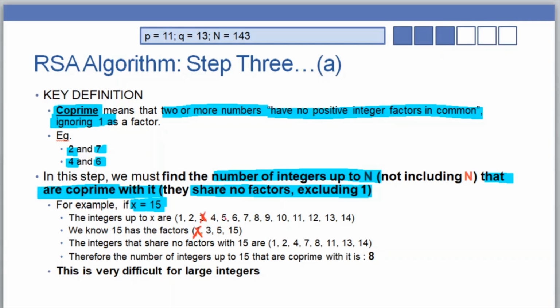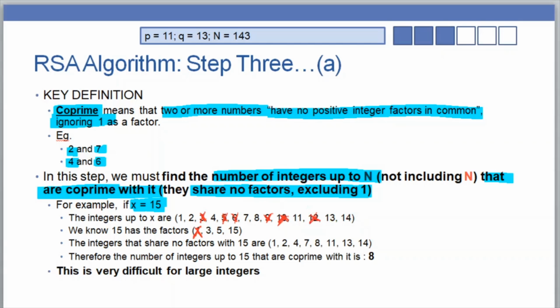4 does not share any factors, 5 does. 6 shares a factor as well. 7 is coprime with 15, 8 is coprime with 15. 9 shares the factor 3, 10 shares the factor 5, 11 is coprime, 12 shares the factor 3, and 13 and 14 are both coprime.